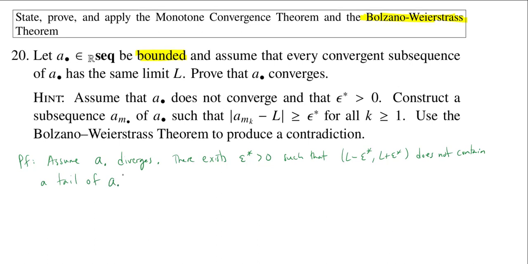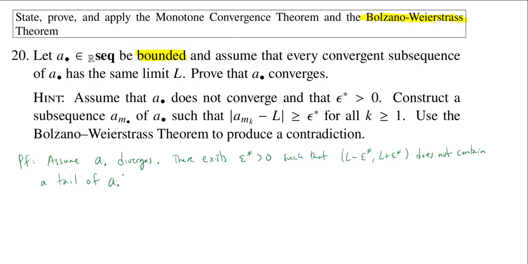Okay, so if it was the case that A converged, then we would know that every L coin contains a tail. If A doesn't converge, there must be some L coin that doesn't contain a tail. Whatever that radius is, let's call that epsilon star. All right, fine.